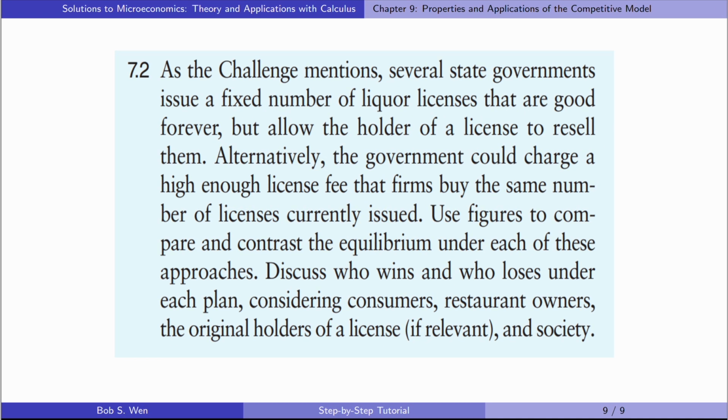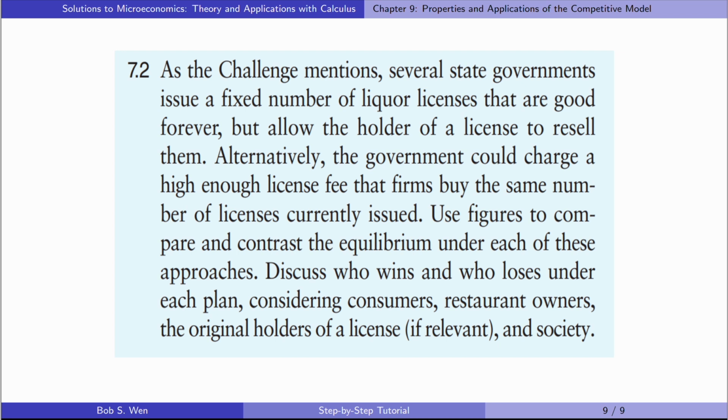Let's find answers to exercise 7.2. As the challenge mentions, several state governments issued a fixed number of liquor licenses that are good forever but allow the holder of a license to resell them.